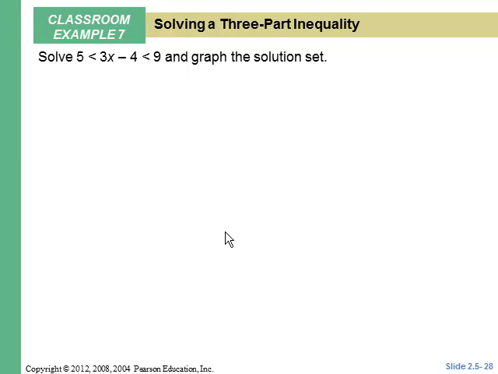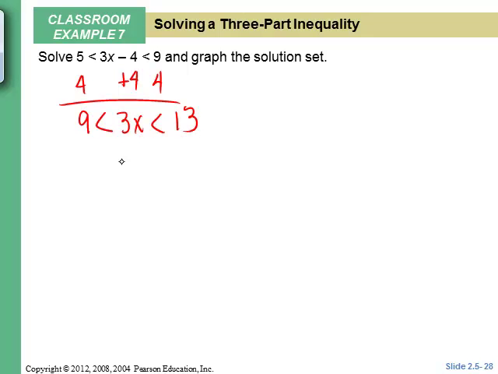Alright, this one's a little bit more difficult because we have to not just add 4 to each part and get 9 is less than 3x is less than 13, but we then have to divide everything by 3, and we get 3 is less than x is less than 13 thirds.